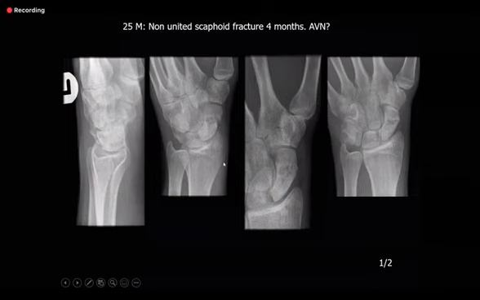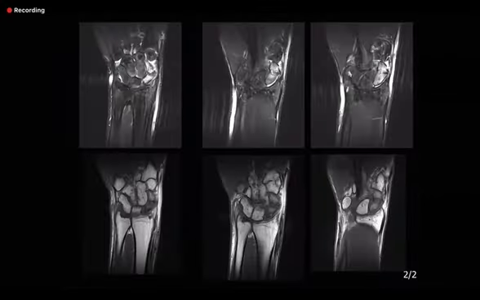There is increased sclerosis and also fragmentation. Right. And on this T1, what is happening in the proximal pole? In the proximal pole, there is decreased T1 signal and also discontinuity of the cortex, and the fracture line is seen at the waist of the scaphoid.